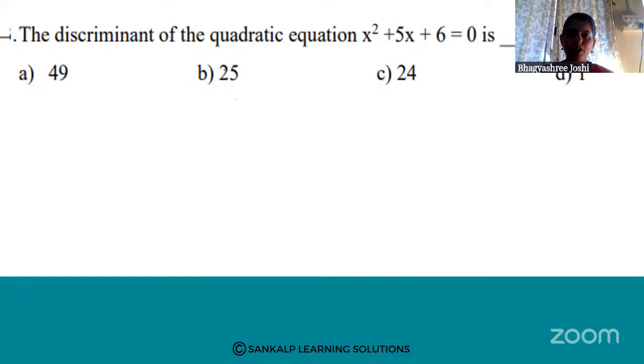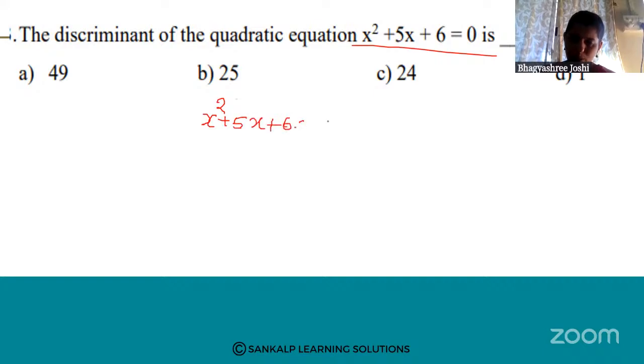The discriminant of the quadratic equation x square plus 5x plus 6 equal to 0 is... So discriminant they have asked. Discriminant means what? Delta. Delta is equal to b square minus 4ac. So x square plus 5x plus 6 equal to 0 is the quadratic equation. The discriminant value delta is equal to b square minus 4ac, right?